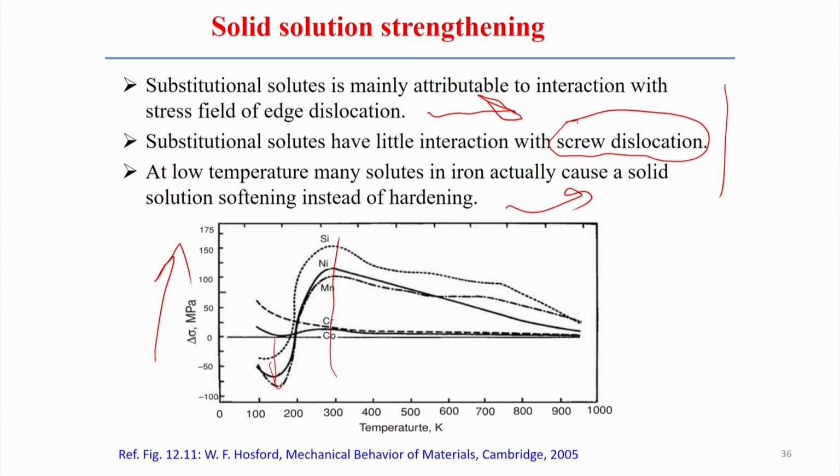That means at very low temperature it is actually subjected to solid solution softening rather than hardening, but above room temperature the hardening effect is obvious, though the increment of the stress level decreases with increasing temperature. So temperature also has some effect on the solid solution strengthening.